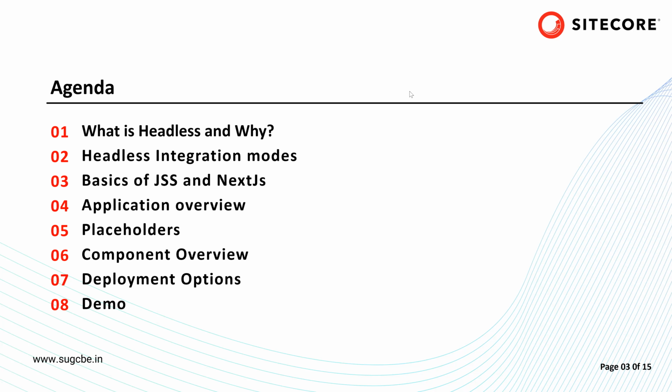We'll look at how the placeholder plays an important role in communicating with Sitecore and the rendering host application that you are creating, and the component overview, some basic principles that we follow when creating components in Next.js. And what deployment options are available when we are creating a Next.js application, so what options are available for deploying that, and a small demo.